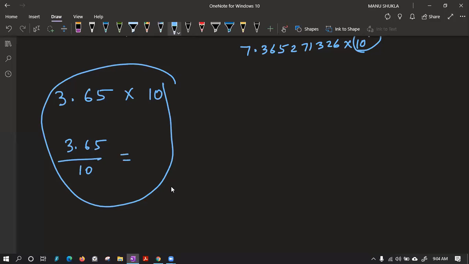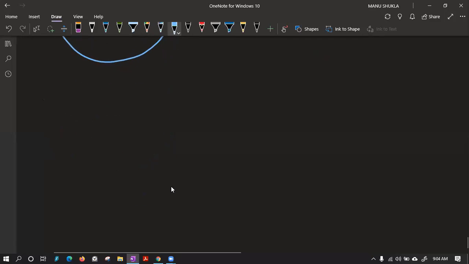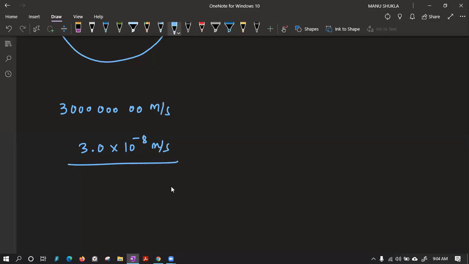In our case also, we are doing the same thing. If the number is very large, suppose you have the speed of light 3 followed by 8 digits, meter per second, and you write it like this: 3.0 into 10 to the power minus 8 meter per second. Is it correct to write like this? Do you think having 10 power minus 8 makes it a larger number?